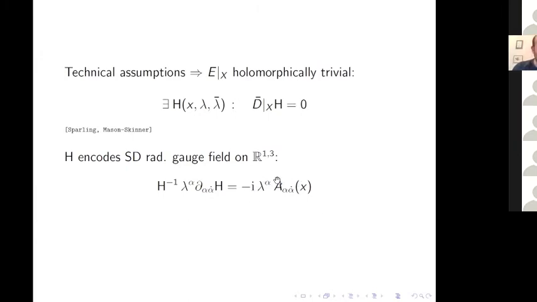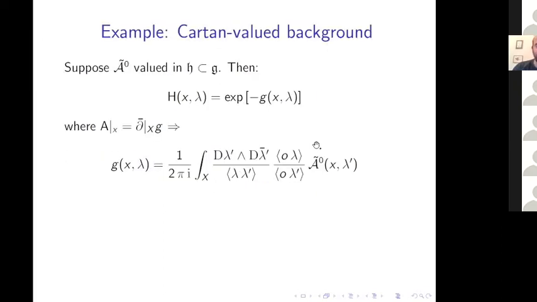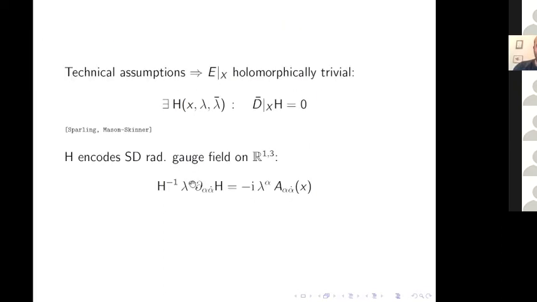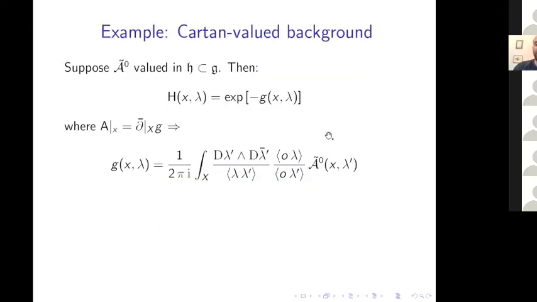This object will be valued in the Lie algebra of the gauge group, with indices alpha alpha-dot, so we can treat it as a gauge potential. Furthermore, you can show that integrability of the partial connection, the fact that d-bar squared is equal to 0, imposes that this gauge potential has a field strength which is self-dual.